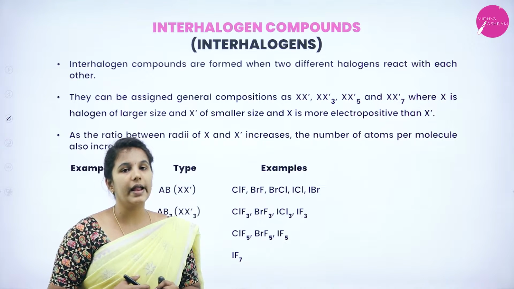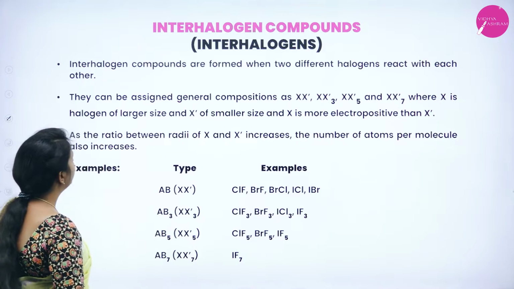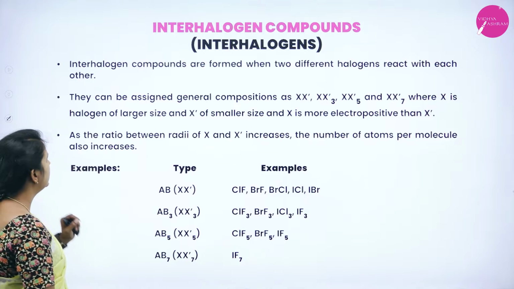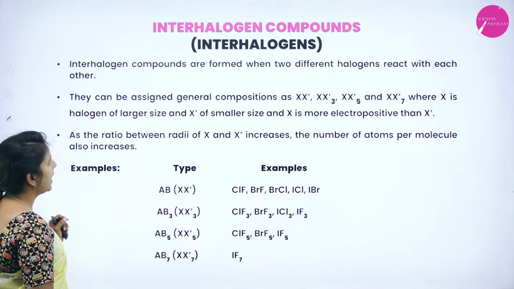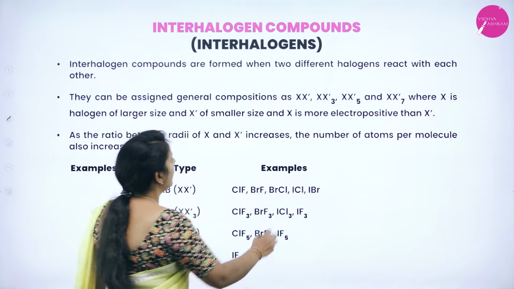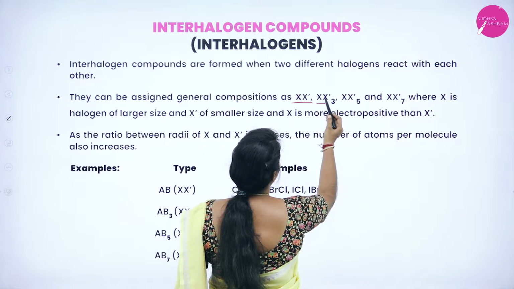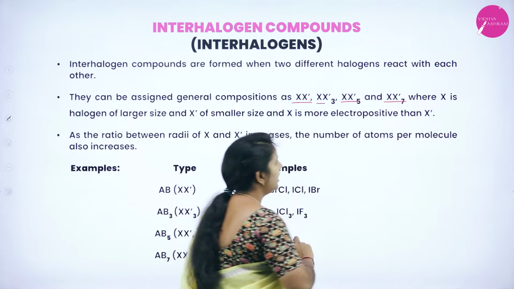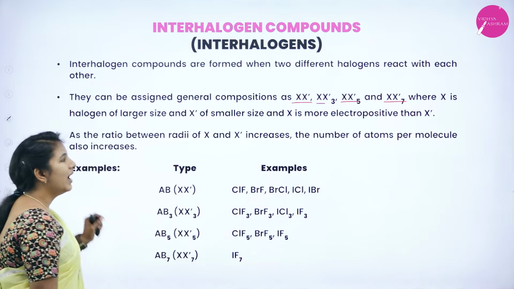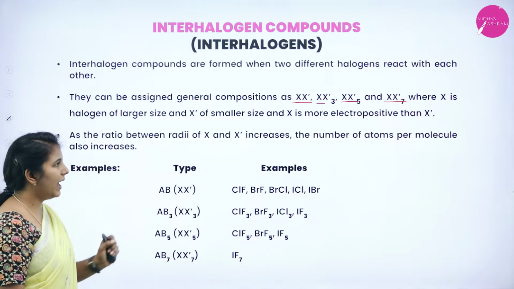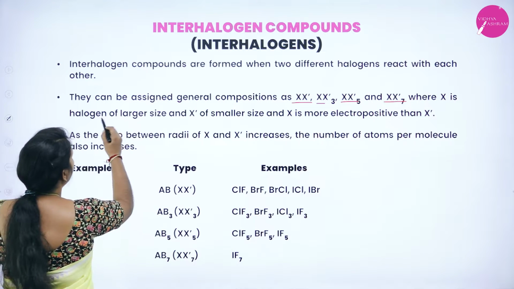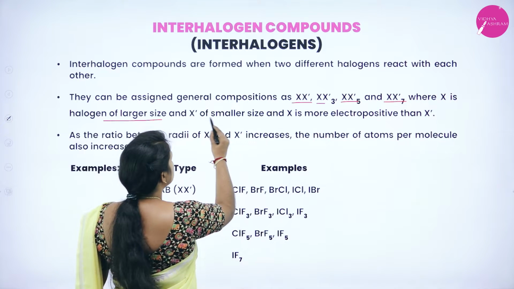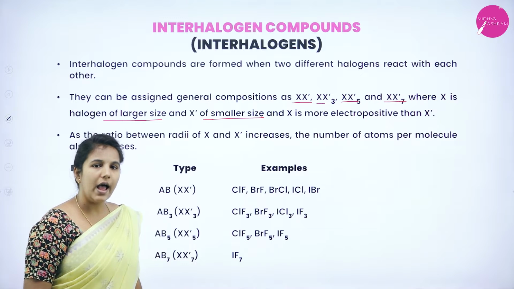They can be assigned the general representation XX', XX'3, XX'5, XX'7, where X stands for a halogen and X' is another halogen atom, and X is the halogen larger in size, whereas X' is the smaller halogen atom.